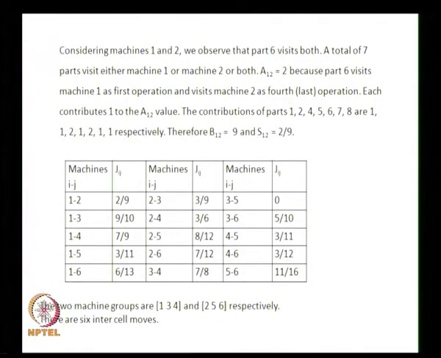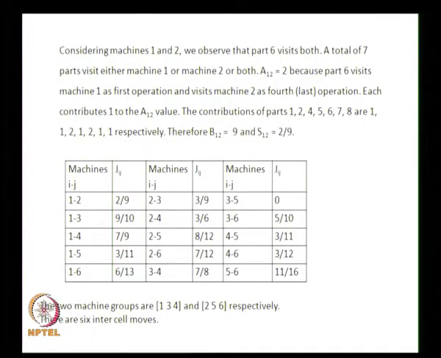Now, from the similarity coefficient matrix, we will now try and get groups. So, the maximum similarity happens to be for 1 to 3, which is 9 by 10 is about 90%. 3 to 4 has less than that. 2 to 5 is also less, 2 to 6 is also less, 5 to 6 is also less.